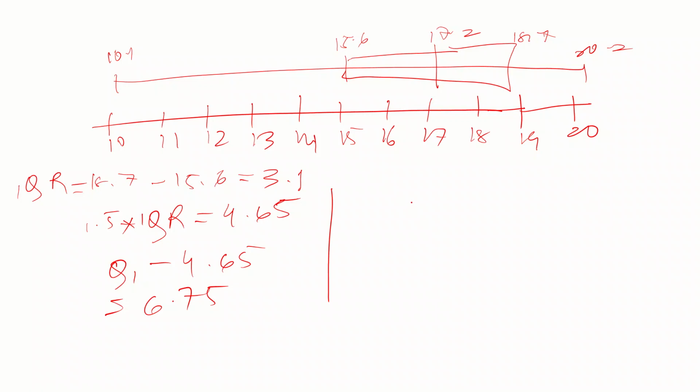How much is it coming? Q3, 18.7 plus 4.65 is 23.35. Okay, that is more than the maximum. So do we have any outlier or not? The minimum will be an outlier. 10.1 will be an outlier.